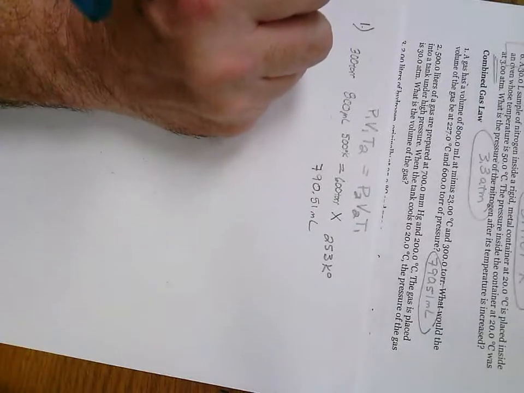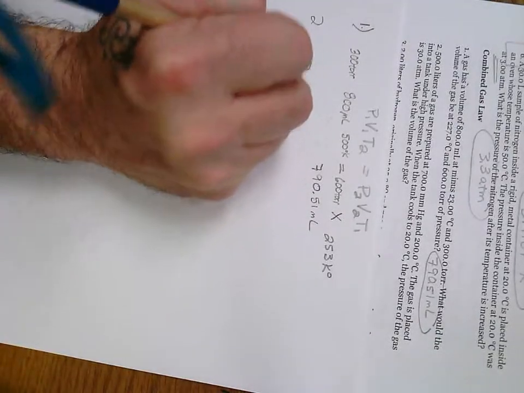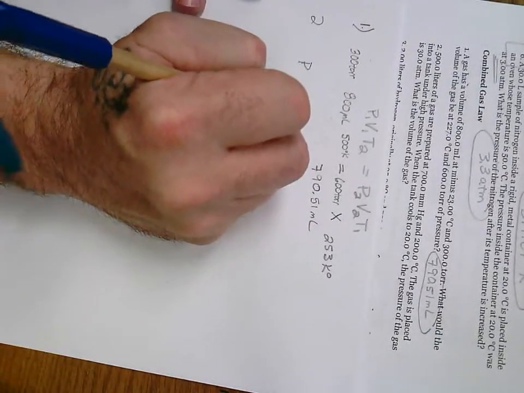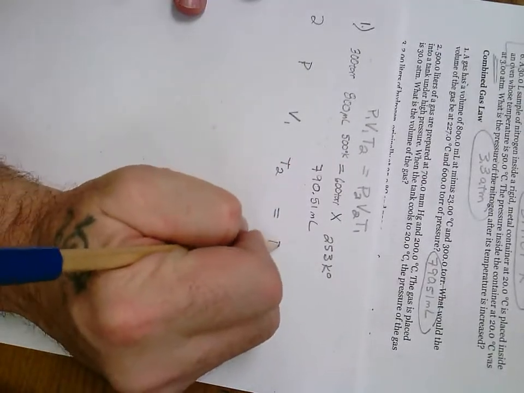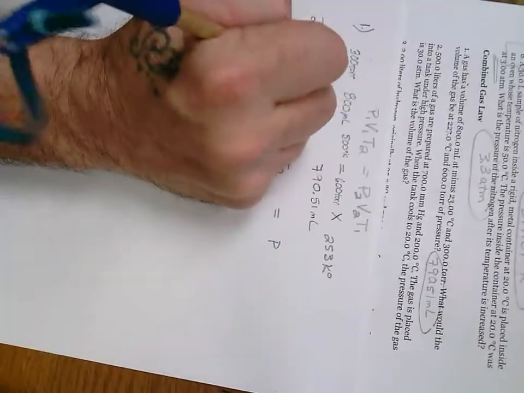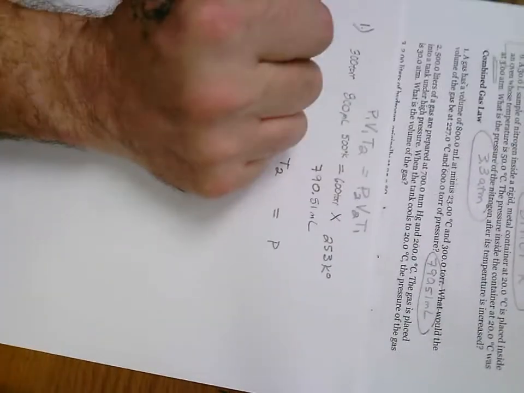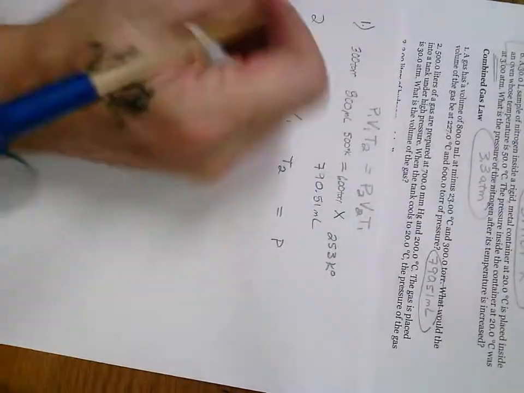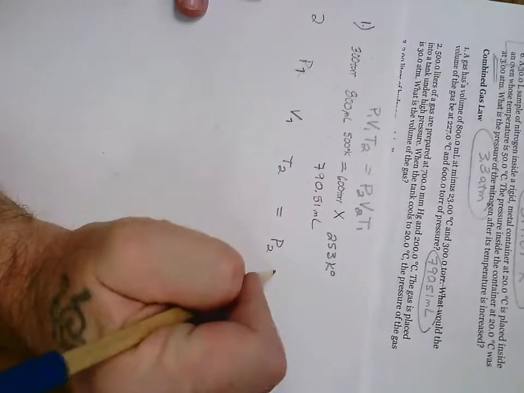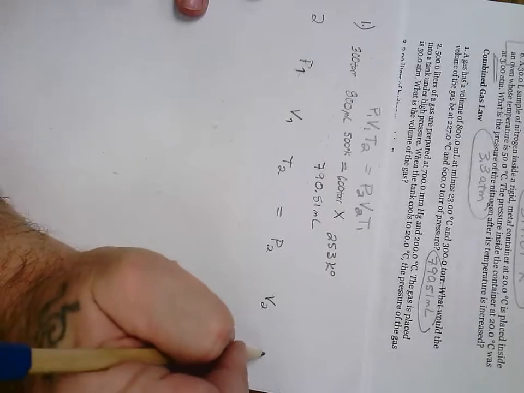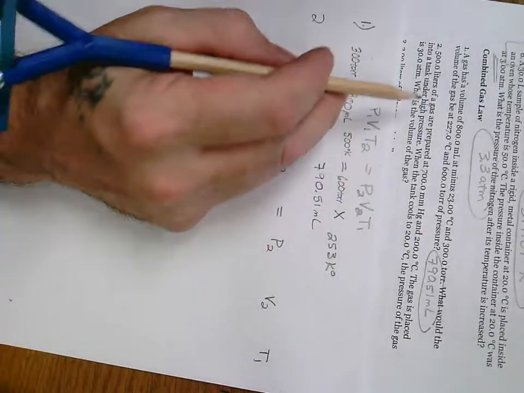Okay, number 2. And I'm going to spread these out this time so I can identify very clearly. P1 V1 T2 equals P2 V2 T1. You see I'm scattered today. All right, 500 liters.